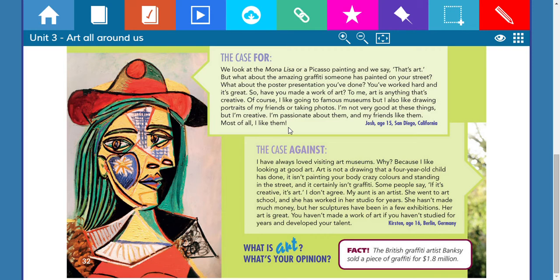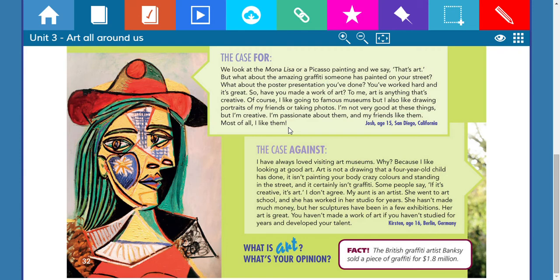We look at a Mona Lisa or a Picasso painting and we say, that's art. But what about the amazing graffiti someone has painted on the street? No? What about the poster presentation you've done? You've worked hard and it's great. So, have you made a work of art?